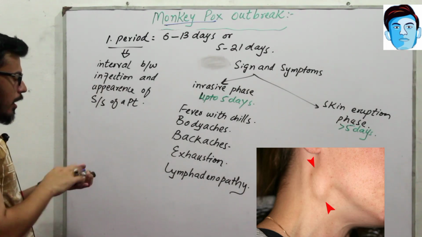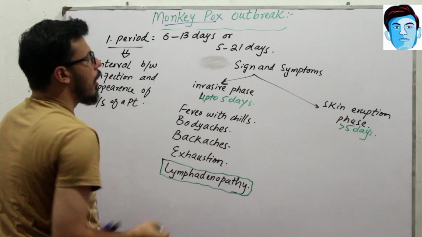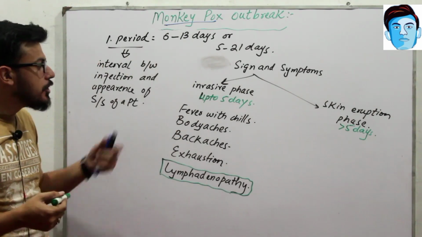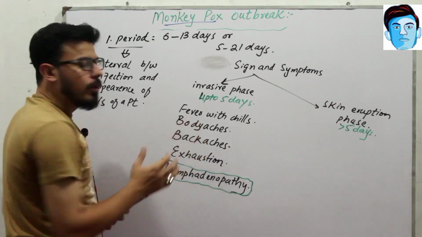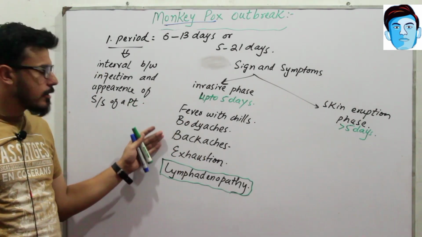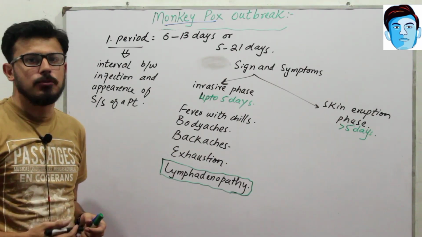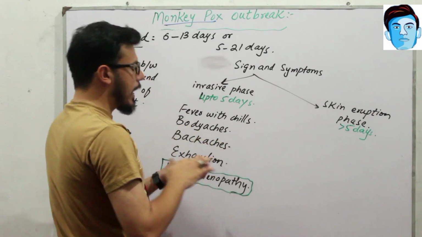This lymphadenopathy is the distinctive feature of monkeypox that differentiates monkeypox from smallpox. So the signs and symptoms consist of fever, body aches, backaches, exhaustion, and enlargement of lymph nodes.